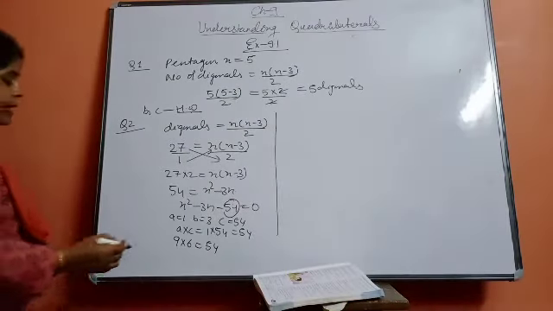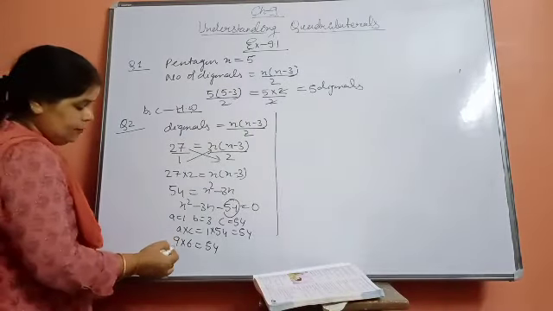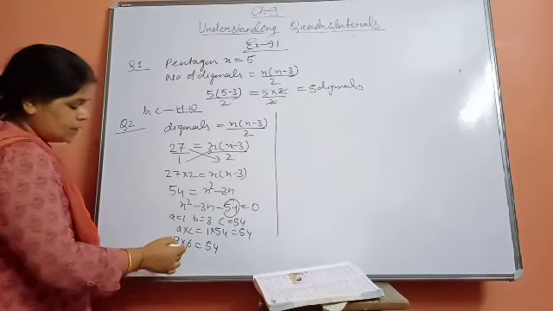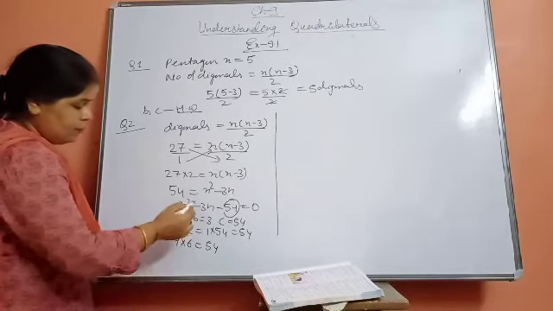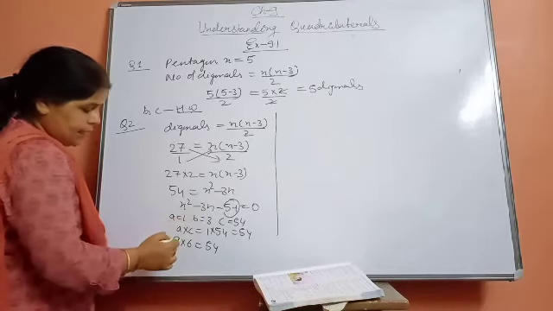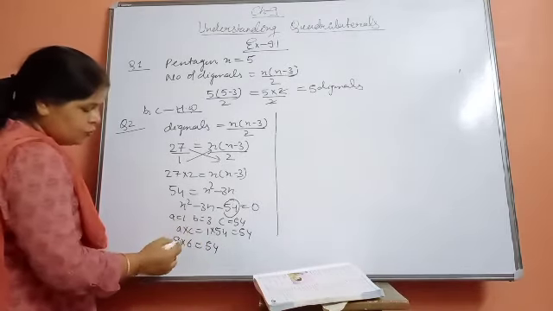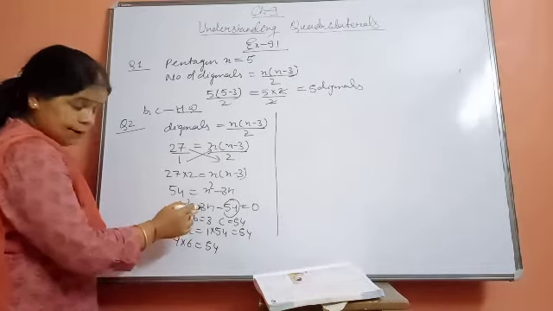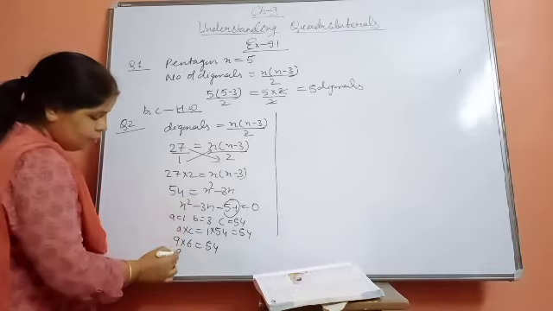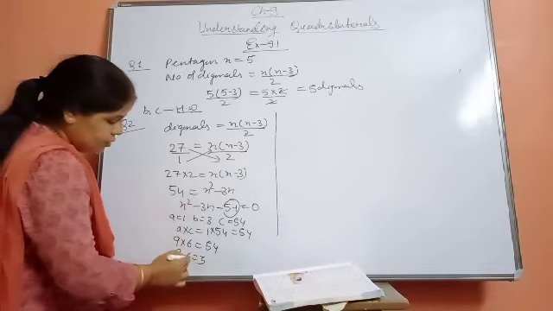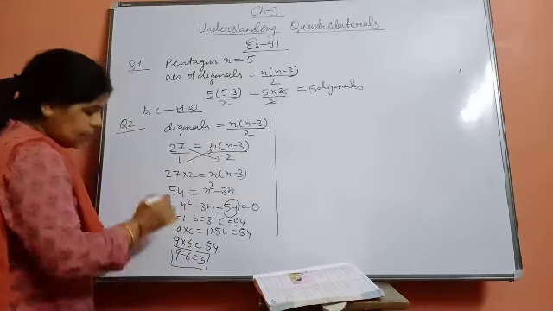So 9 and 6. If we add 9 and 6, 15, we are not getting the middle term. So 9 minus 6, yes, we are getting the middle term. If we do 9 minus 6, we get 3. So this factor is correct.